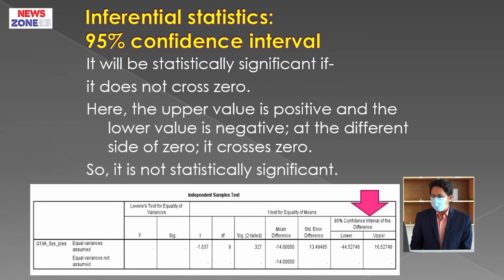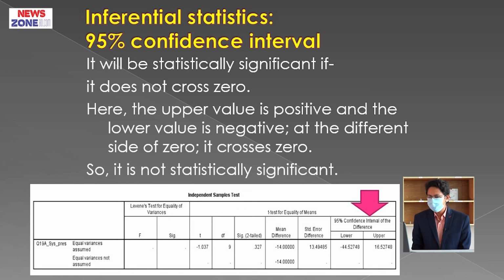In the last column, we see 95% confidence interval of the difference. We know that it will be statistically significant if it does not cross 0. Here the upper value is positive and the lower value is negative, on different sides of 0. So, it crosses 0.